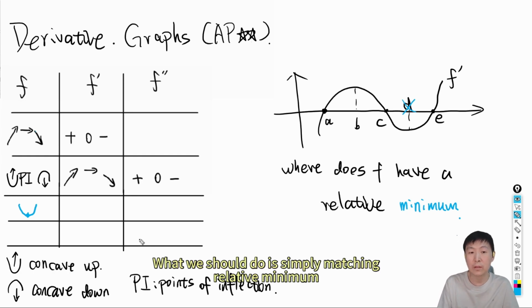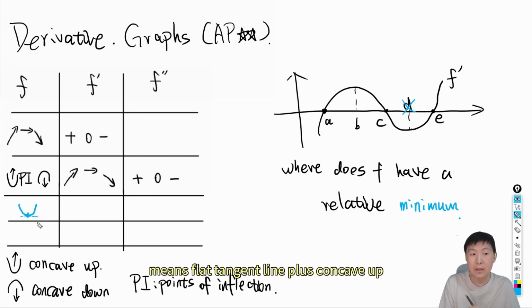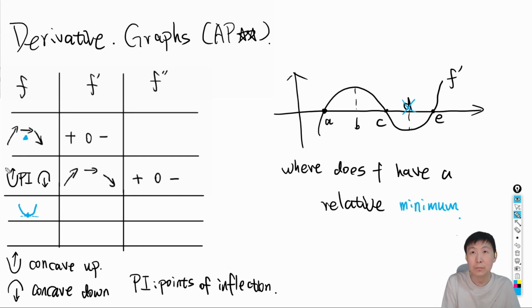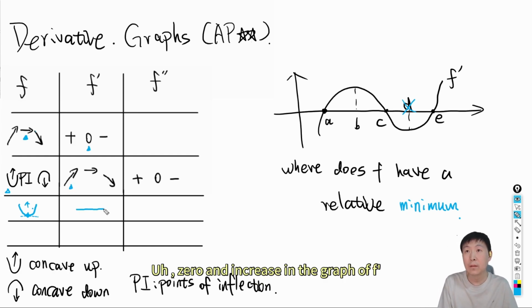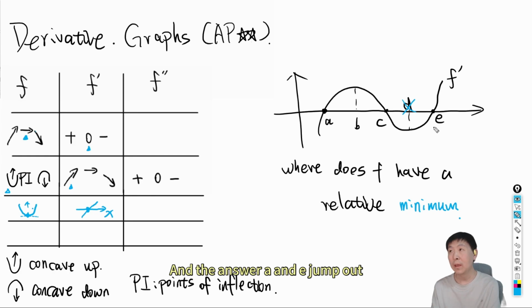What we should do is pattern matching. Relative minimum means flat tangent line plus concave up. So we just look for 0 and increase in the graph of f prime. And the answers A and E jump out.